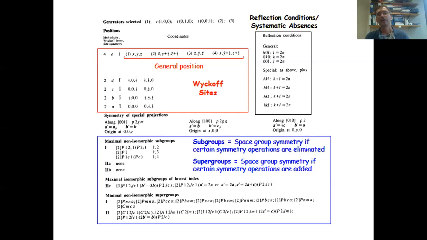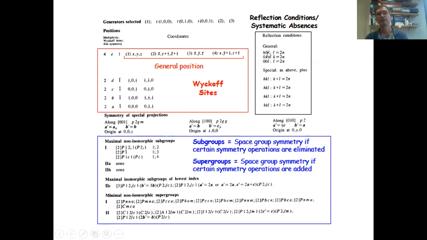Okay, and in particular, we can only observe reflections in our X-ray diffraction pattern for reflections that follow the Miller indices H0L, and I will explain later on exactly what Miller indices are, for L is equal to 2n. Okay, so that means that L has to be an integer number, okay?